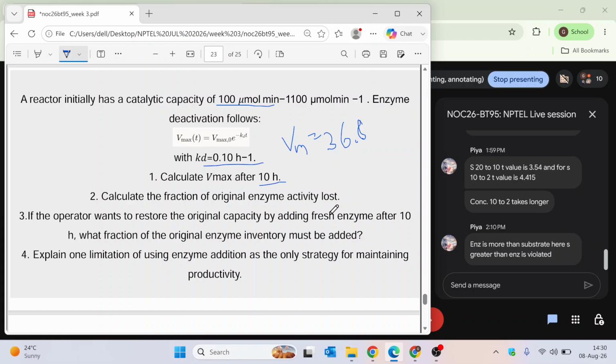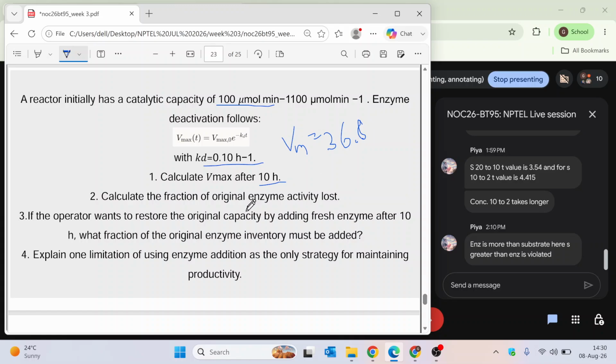And another question, basically you might have heard that enzymatic processes are costly processes. One major limitation is you keep on adding pure enzymes. It gets deactivated at one point, you keep on adding new enzyme, it's going to give a lot of cost.